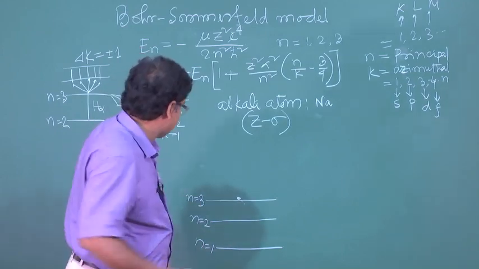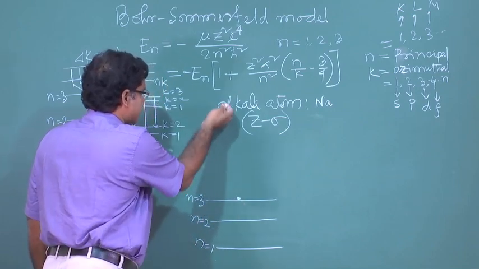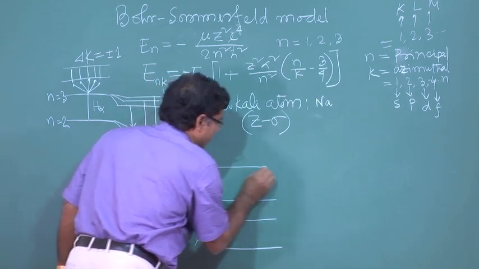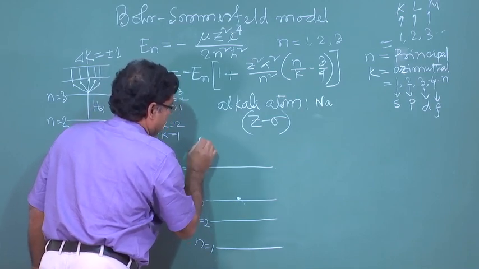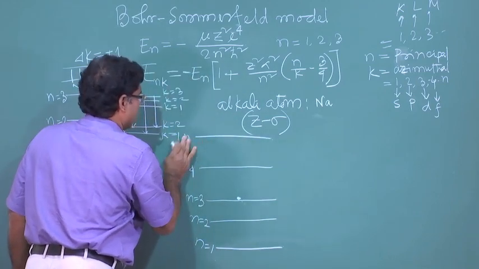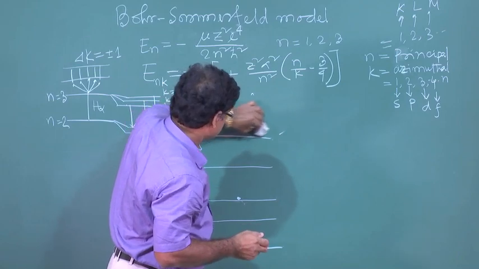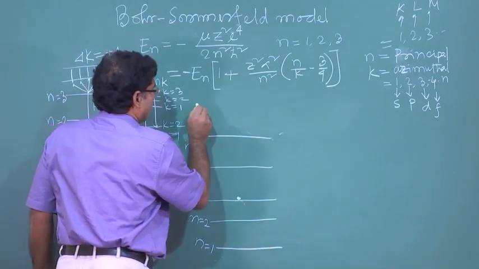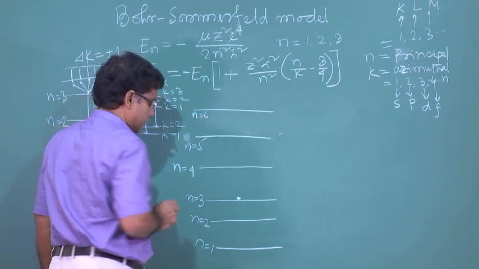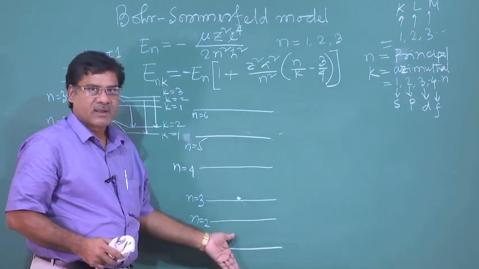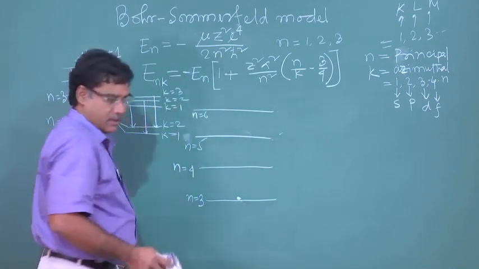Now this electron has the possibility to jump to higher levels, n equal to 4, n equal to 5, n equal to 6. So levels 1 and 2 will not effectively participate in the transition, so let me drop them.